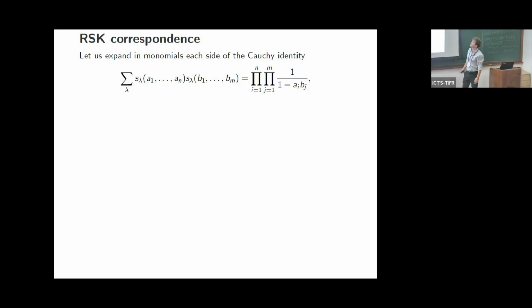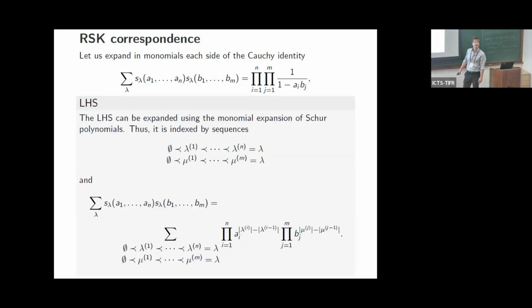So let's start with the left-hand side. We know how to expand each Schur function S lambda. One function S lambda will be expanded using one sequence of interlaced partitions, lambda 1 up to lambda n, where lambda n equals lambda. The other Schur function S lambda will be expanded using another sequence of interlaced partitions, denoted by mu 1 to mu m, where mu m is also equal to lambda.